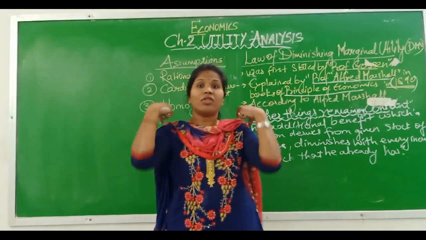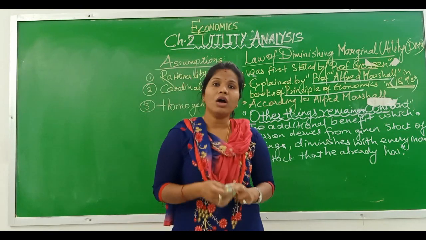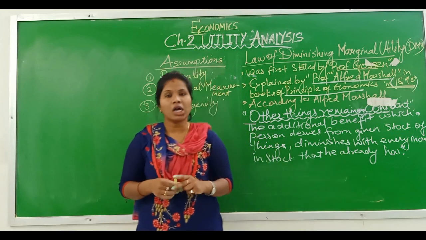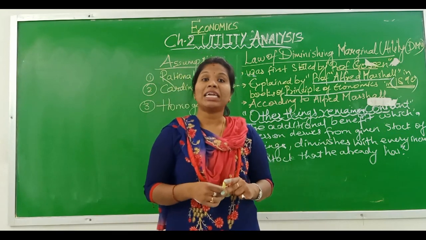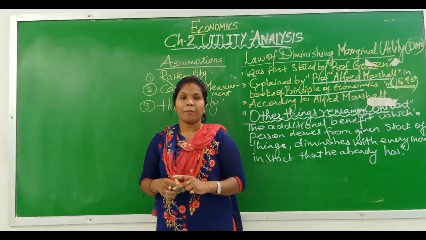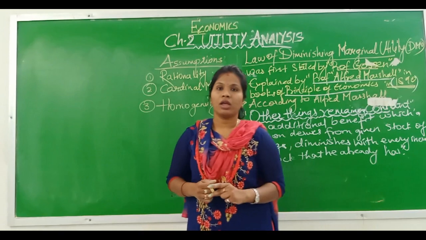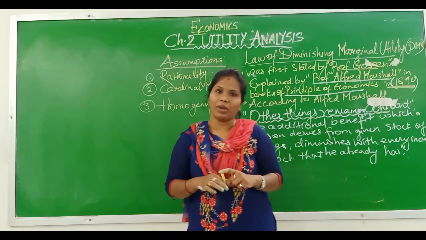Homogeneity means whatever the consumer is consuming should be of proper shape, size, structure, color; everything should be the same, identical. If he is consuming milk in a glass, all the units should be a glass of milk only.